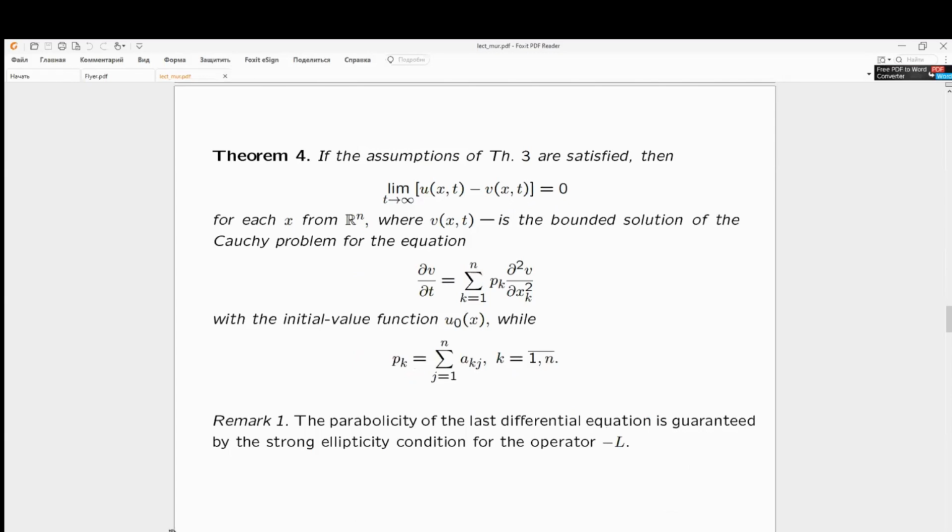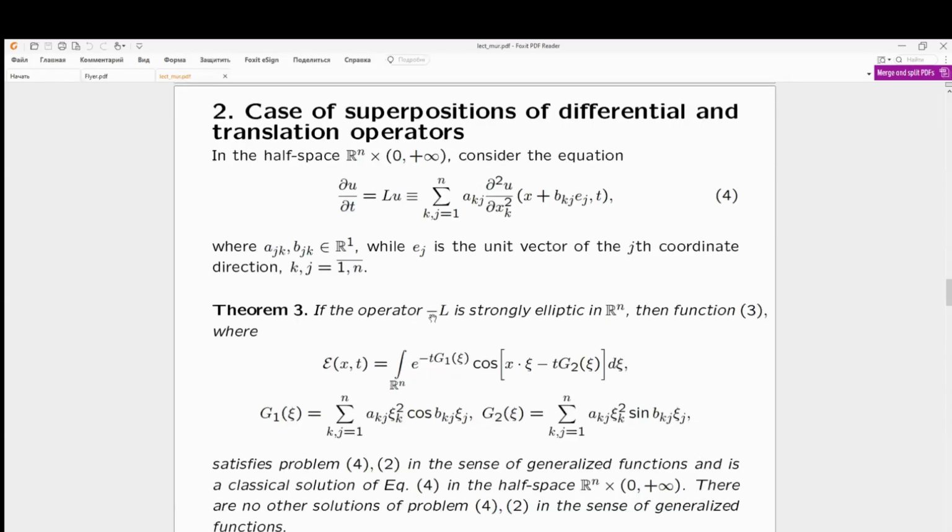This was the unique solvability theorem and the theorem on the integral representation of the solution. Now the theorem of the asymptotical behavior is as follows. If the assumptions of theorem 3 are satisfied, let me get back to those assumptions. So we impose the strong ellipticity assumption for the whole operator L from the beginning.